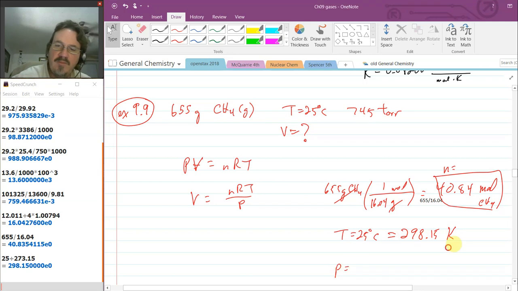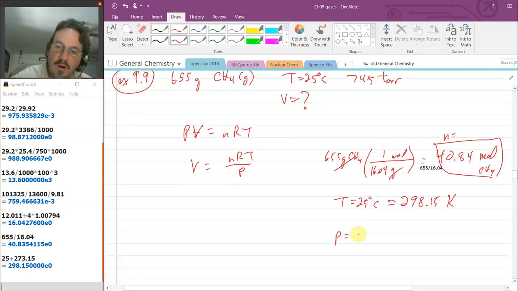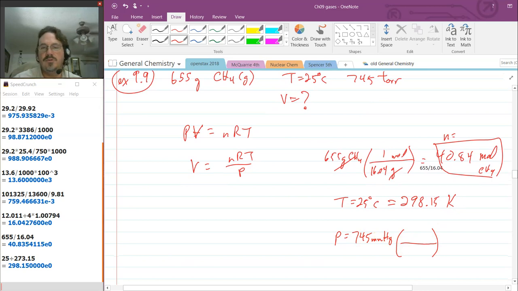Pressure. They gave me it. They said it was 745 torr. Torr is the same thing as a millimeter of mercury. And what do I want to convert that to? Well, let's think about this. I want volume, and my units of R could be in cubic meters.